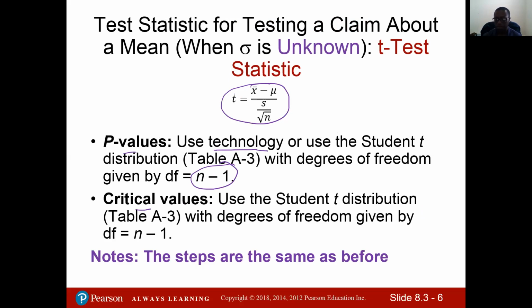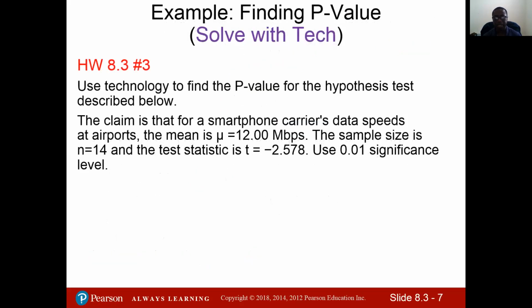Let's repeat the previous example, but this time we use the t. What we know is this. Let's start with the p-value method. Step one, what's my null hypothesis in this case?